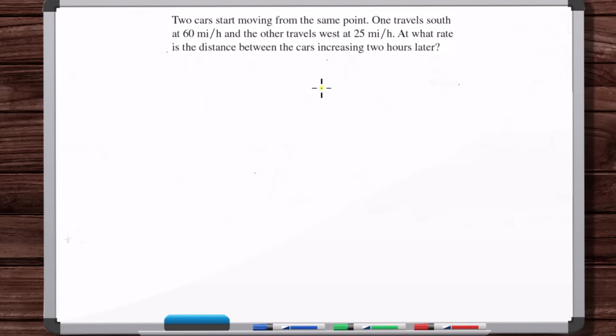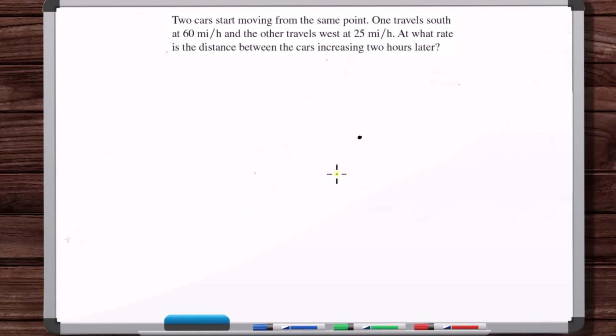So here is the starting point. They both start at the same point. One travels south at 60 miles an hour. The other travels west, so let me put it over here, we're going west at 25 miles an hour. At what rate is the distance between the cars increasing 2 hours later?